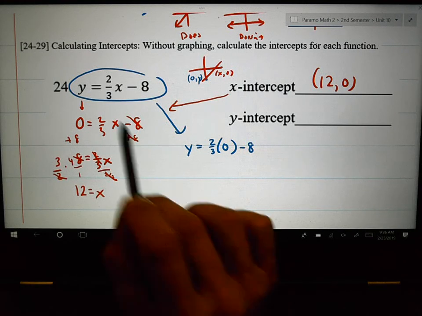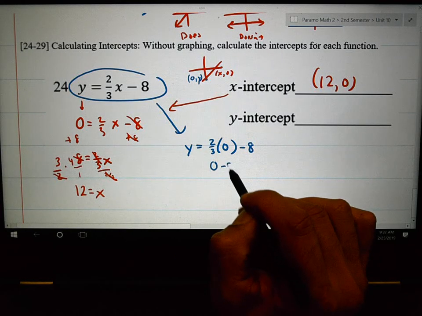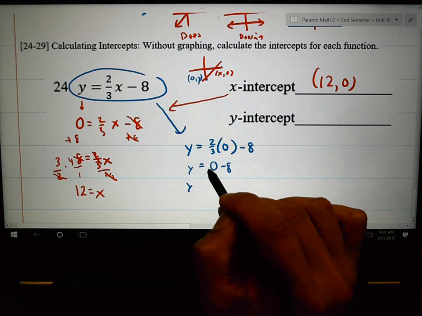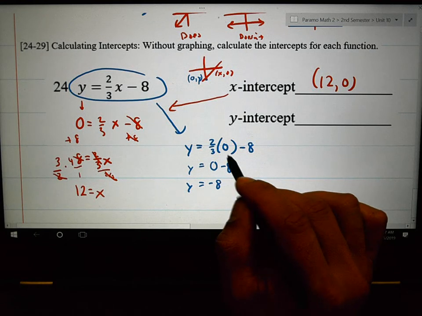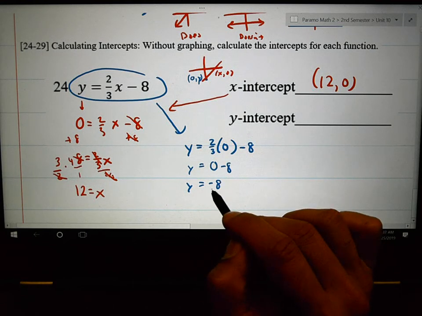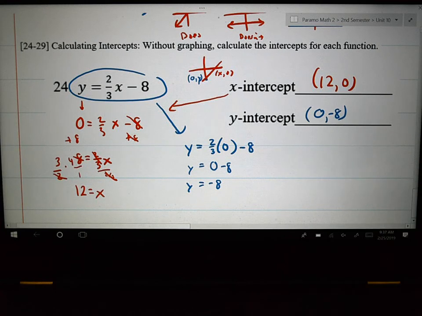I replace the x with a 0. 2/3 times 0, that's an easy one, 0. 0 minus 8, oh, that's easy, negative 8. When x is 0, y equals negative 8. That is your y-intercept. Mathematically, we figured it out.